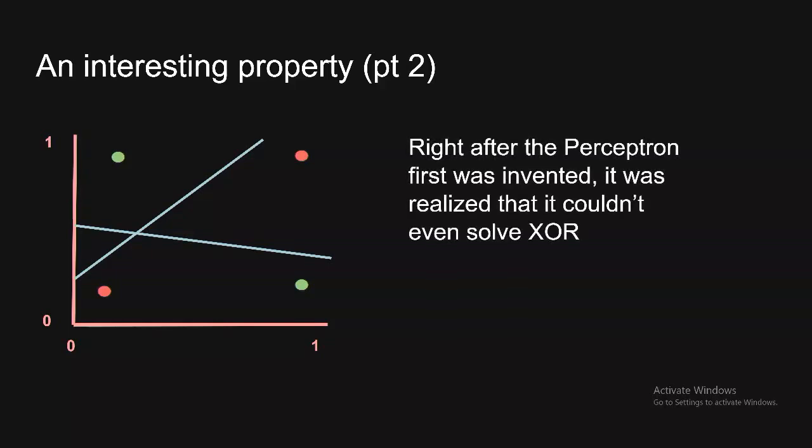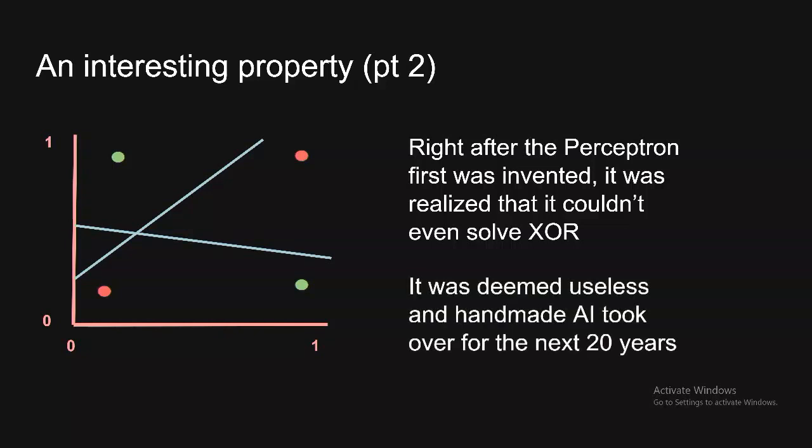And to tell you a little bit of a history lesson, immediately after the perceptron came out, which is the precursor to neural networks, someone wrote a paper. And they said, oh, look, the perceptron can't do XOR. It's garbage. And everyone told them, you're absolutely right.